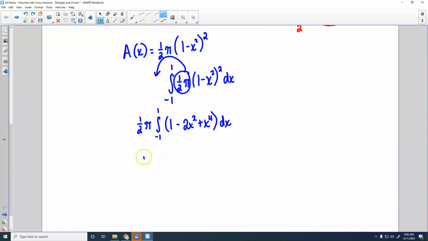So when I integrate, the 1/2 pi just sort of hangs out front till the very end. I will have x minus 2/3 x cubed plus 1/5 x to the 5th. And we will integrate this from -1 to 1.